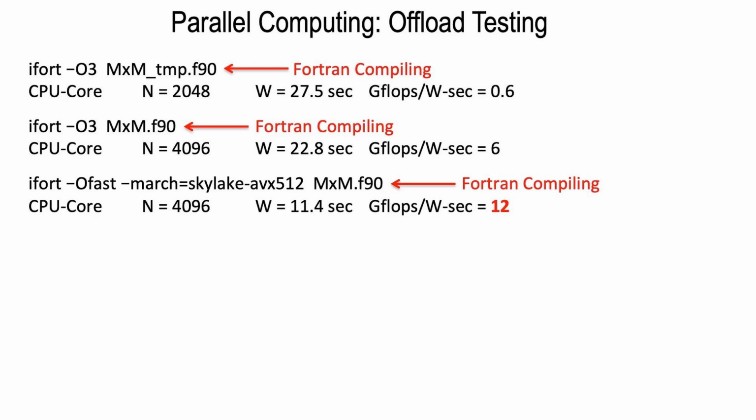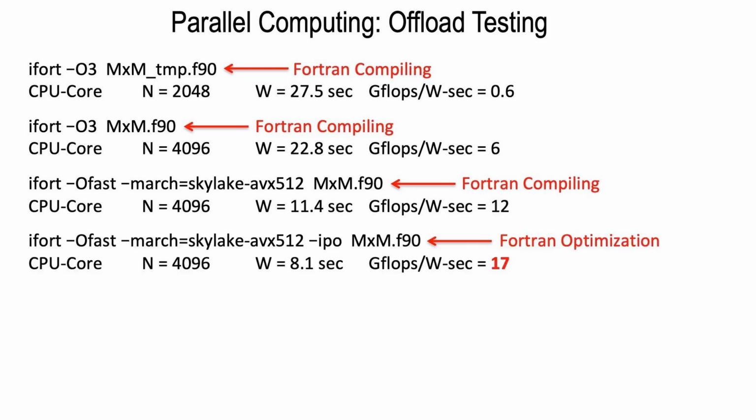After specifying the architecture with a 512 bits AVX vector register, performance surged to about 12 gigaflops. Subsequently, in our Fortran optimization video, enabling interprocedural optimizations with the IPO option pushed performance to roughly 17 gigaflops per second.